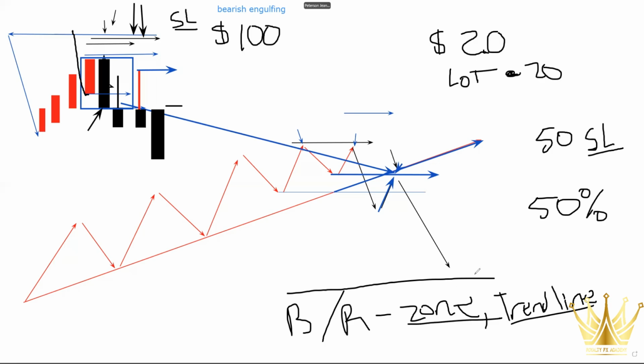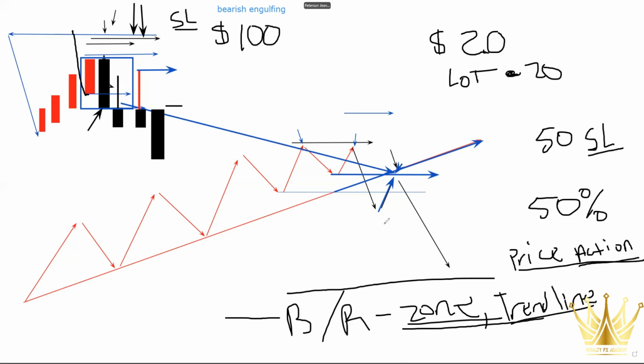Not only that, now you have price action. You have three confluences. Those are the confluences that you need, at least a minimum of 2. So in your trading journal, you want trend line break and retest, zone break and retest, and price action.